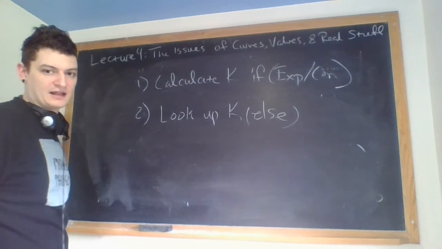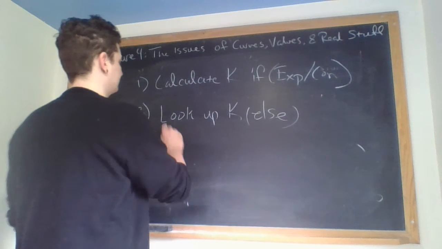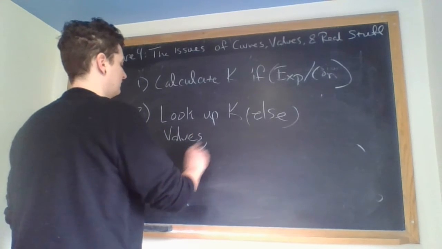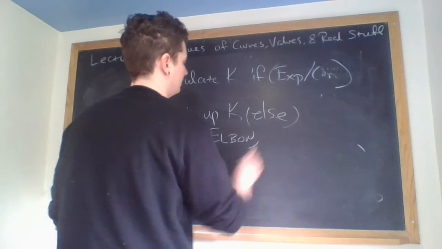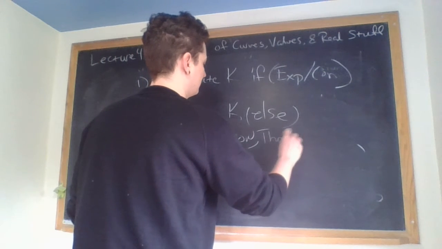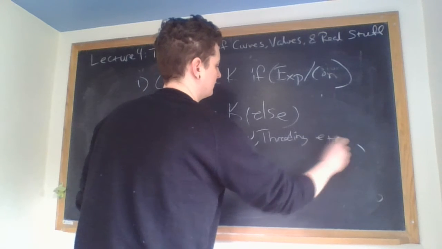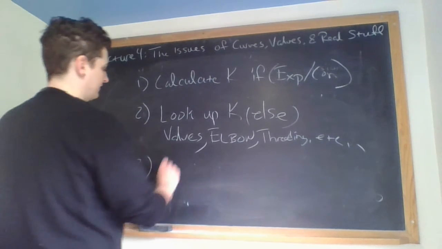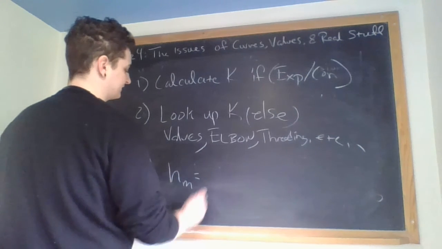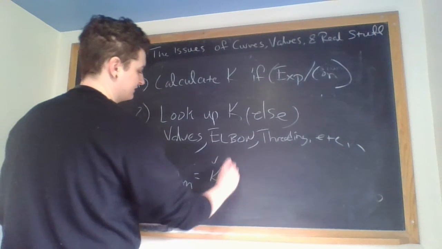Look up K elsewhere if it's a valve or something like that. So these are valves, elbows, threading, etc. Once you have these Ks, then you can calculate minor losses, because you already have that.